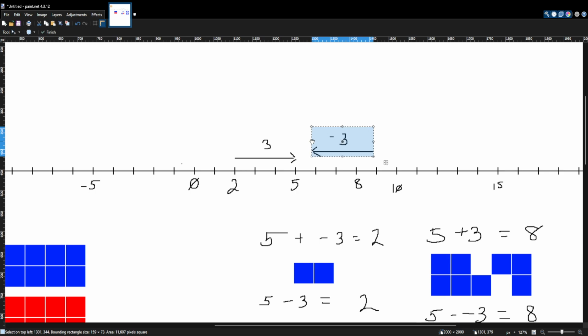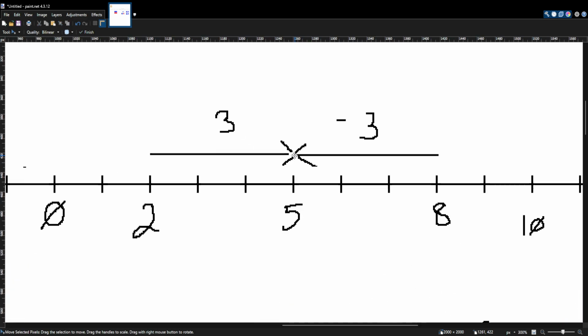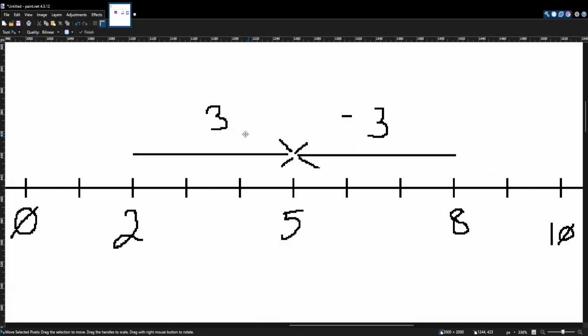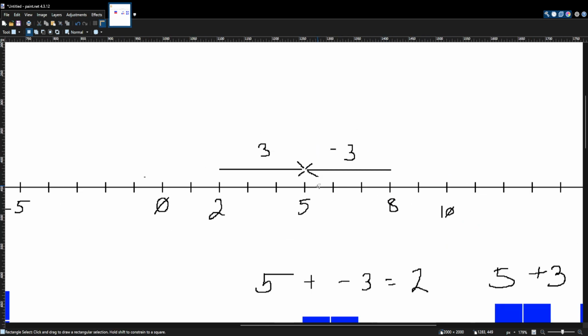So I would take my arrows like this, where their tips are pointing at 5, and I move along the arrow backwards. To subtract 3, I move along the arrow backwards, going from 5 down to 2. But if I'm subtracting negative 3, then again I put the tip of the arrow at 5 and move backwards along the arrow to subtract, and I end up at positive 8.